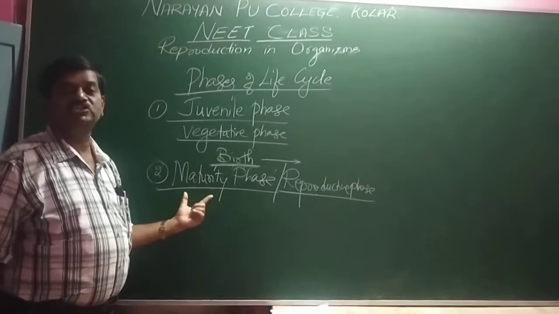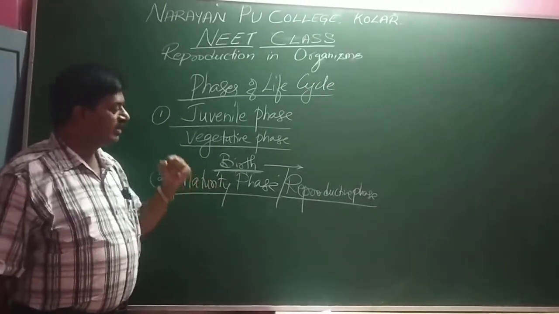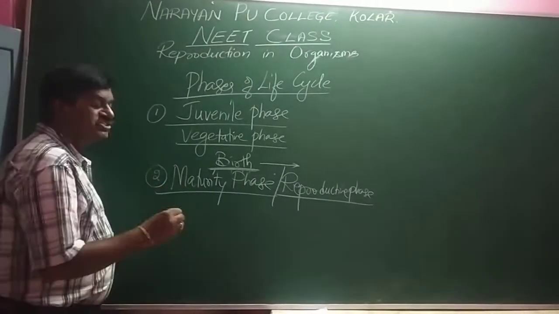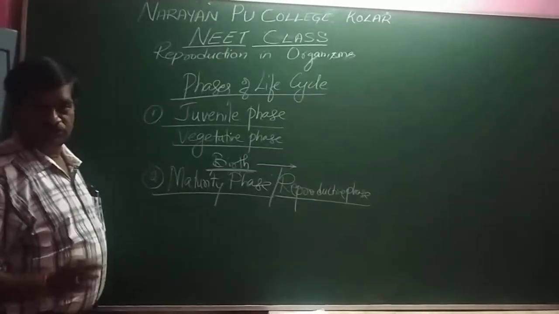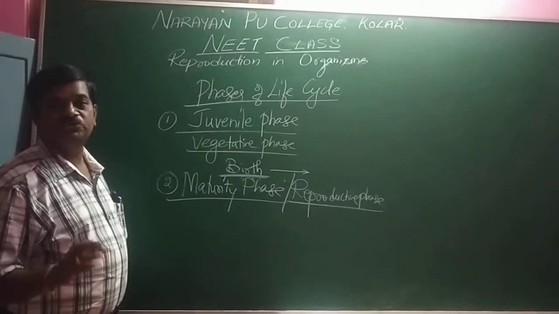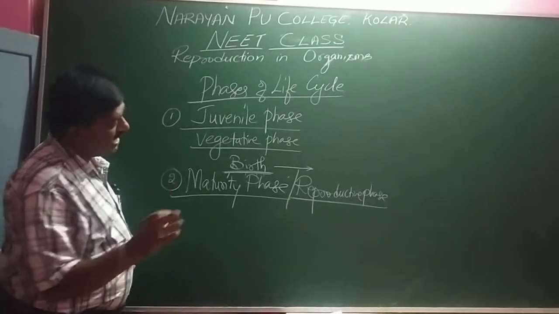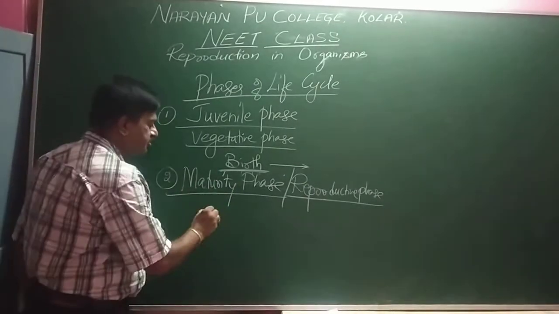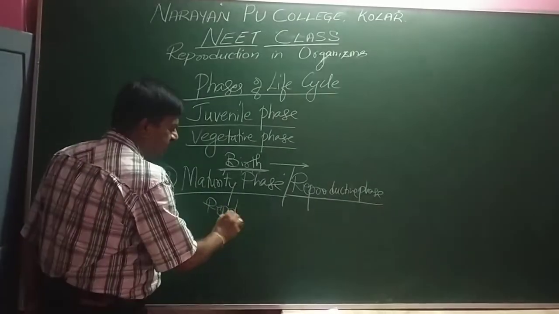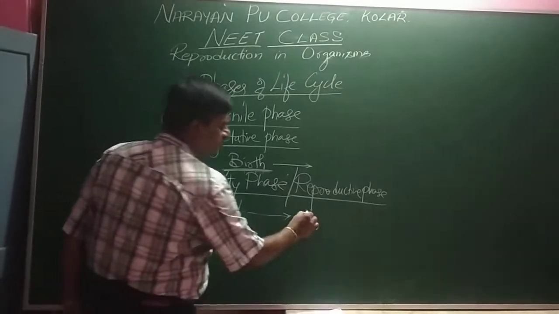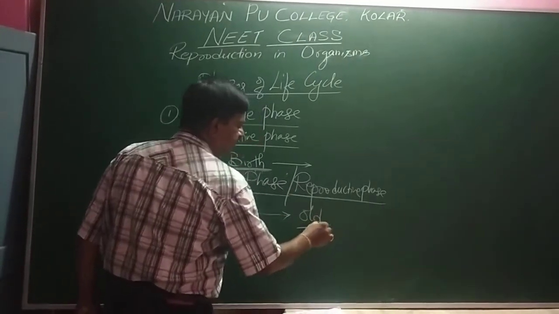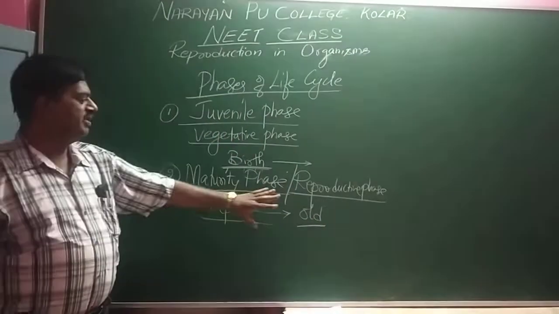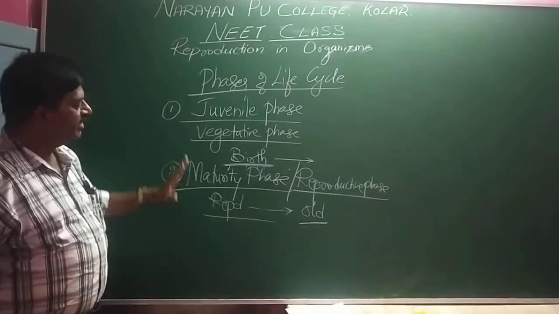I'll repeat this: once the sex organs have been produced, they start producing gametes. The gametes fuse to give rise to young ones, and this continues till old age. These periods are called the maturity phase.